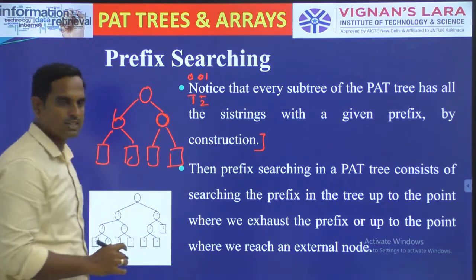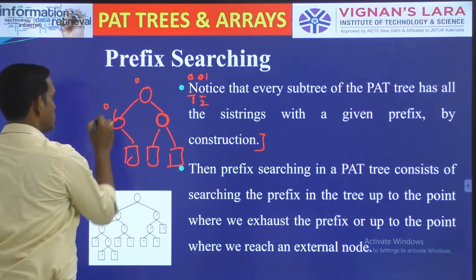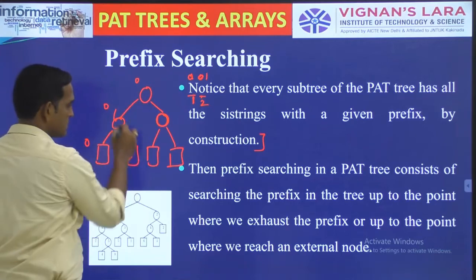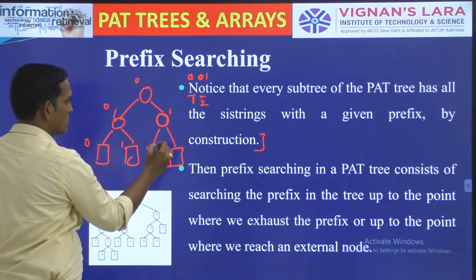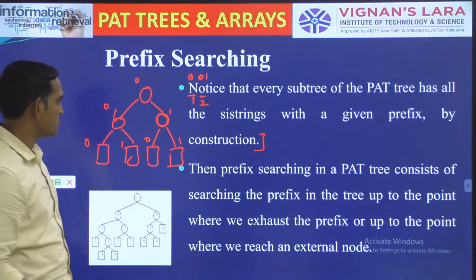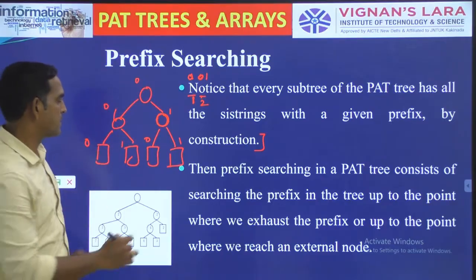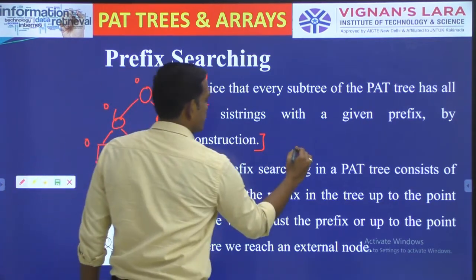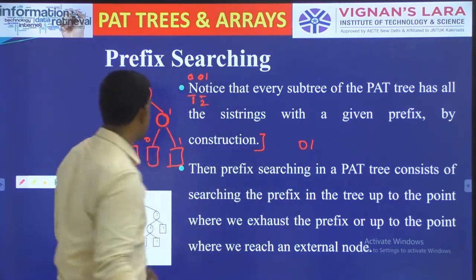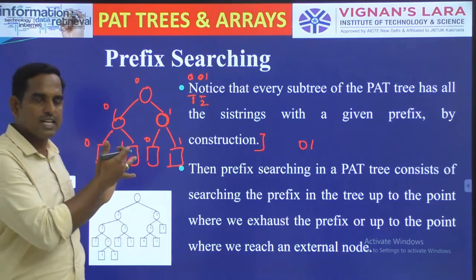If you have the particular string, this can be represented by 0, 0, 0, this is 1, this is 0, 0, 1, 0, 1, 0, 0, 1, 1. If I am trying to search for the prefixes of the particular thing, like all prefixes of 0, all prefixes of 1, you can search much more easily in your tries.